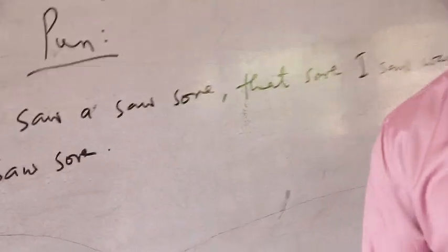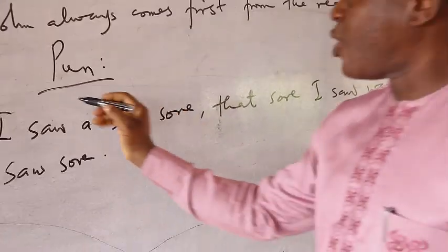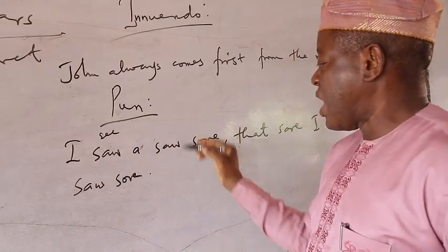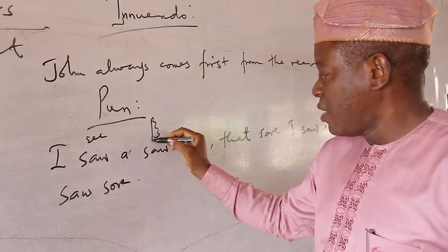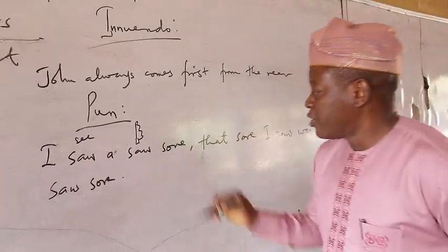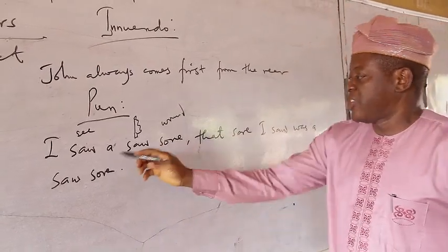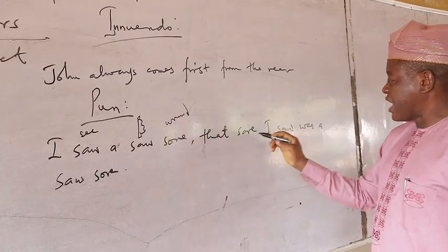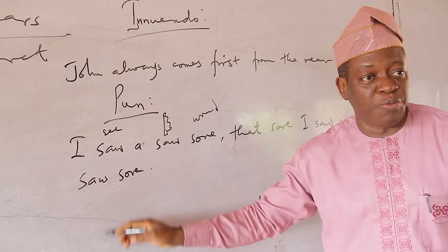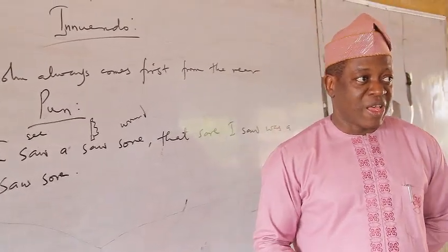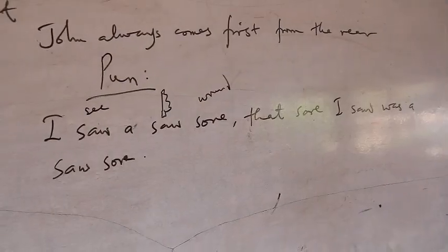Now consider the first saw to mean seed, and this one to mean blade. Consider this one to mean wound. I saw a wound. That wound that I saw was a wound of a saw blade. I saw a saw. That saw I saw was a saw. That's play on words.